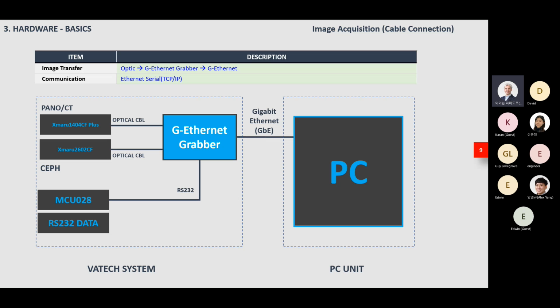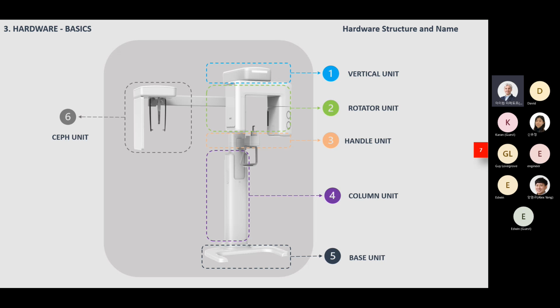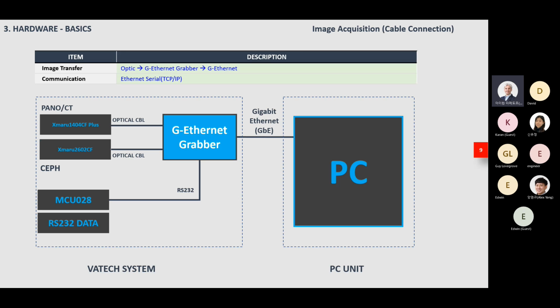So this Ethernet grabber will be here in the vertical unit, and it will connect to the PC using the gigabit Ethernet cable for faster and speedier transmission of the image. This G Ethernet grabber is connected with both sensors on optical cable.